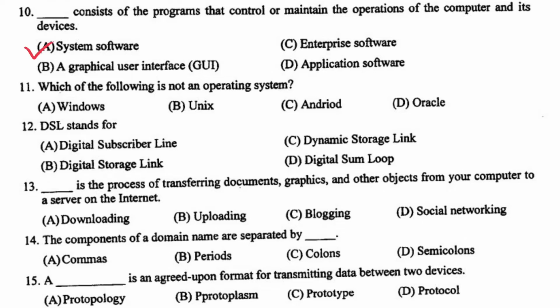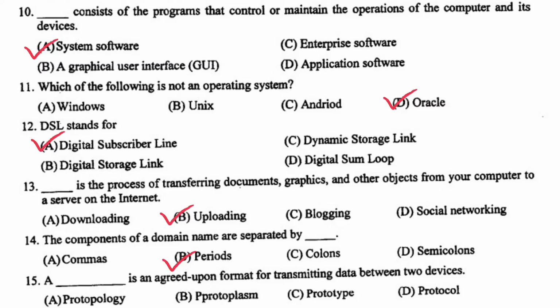Which of the following is not an operating system? Oracle. DSL stands for Digital Subscriber Link. Dash is the process of transferring documents, graphics and other objects from your computer to a server on the internet: uploading. The components of a domain name are separated by periods.